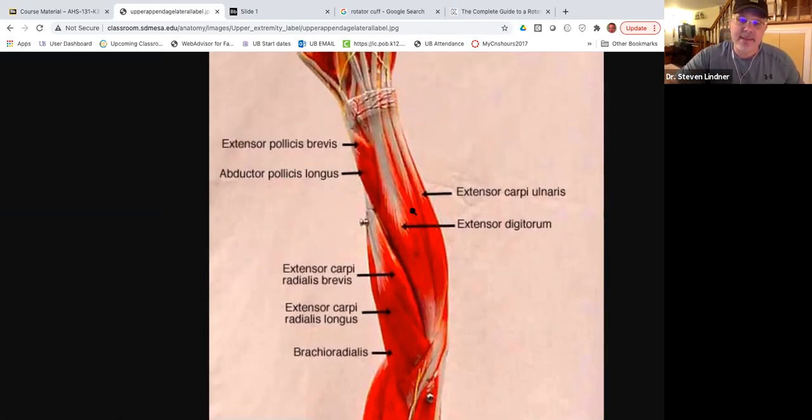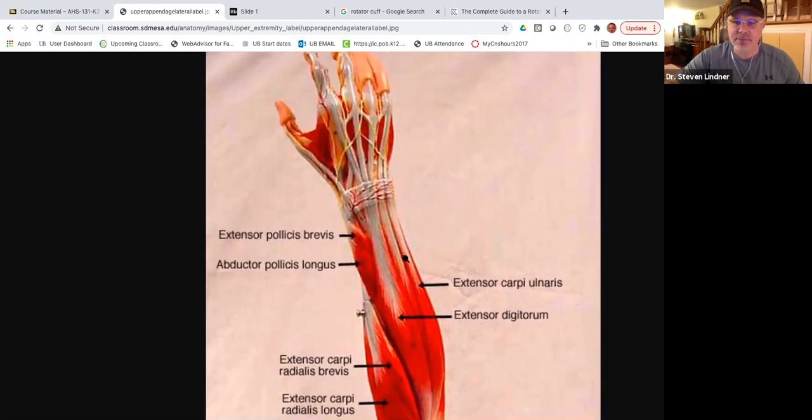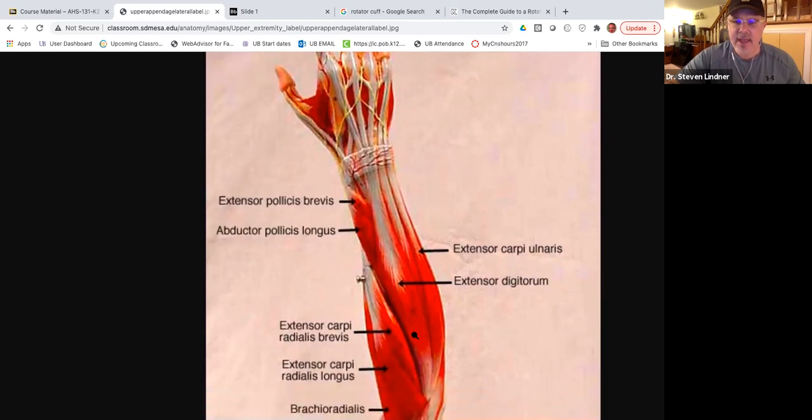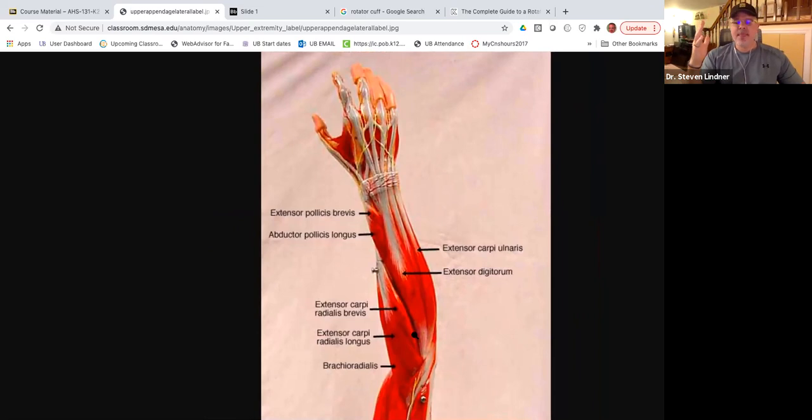Okay, in the forearm, we're looking at the posterior side here, and there's a rule that I want you to understand, and I need you to look at me, and also look at your own forearms when we do this.